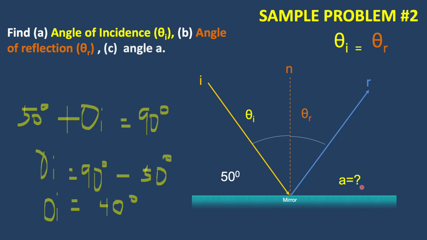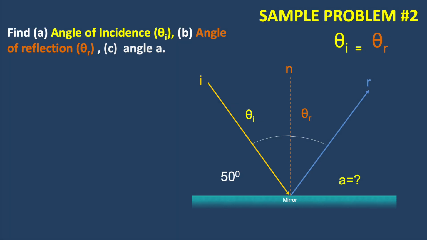How about angle A? Again, for problem number 2, the value of our angle of incidence is 40 degrees. Therefore, the value of our angle of reflection is also 40 degrees.